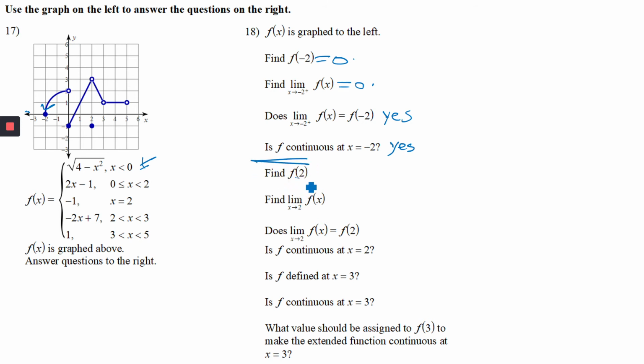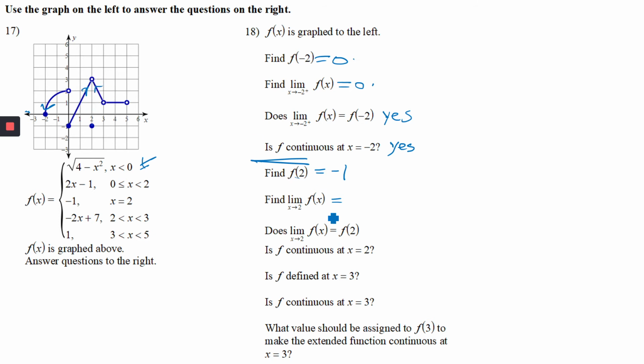Find f of 2. If I go to find f of 2, it is defined to be down here, not up here because there's an open circle there. So f of 2 is equal to negative 1. The limit as x approaches 2 is going to be, what does it get closer to?